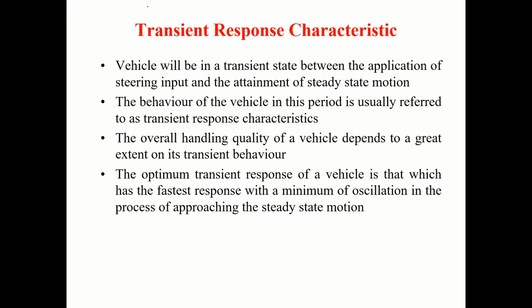Transient response. Now we were talking about steady state handling. What is transient handling? To attain a constant speed of, let us say, 50 kilometers per hour, we start at zero speed. 0 to 50, this is what you call your transient condition.